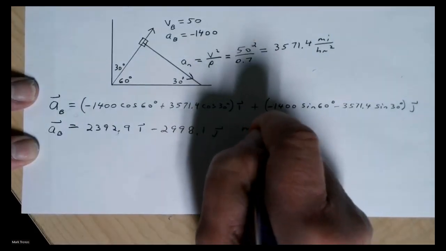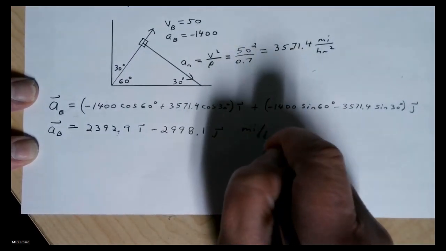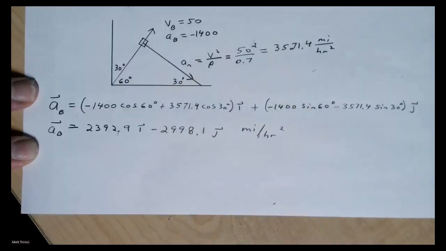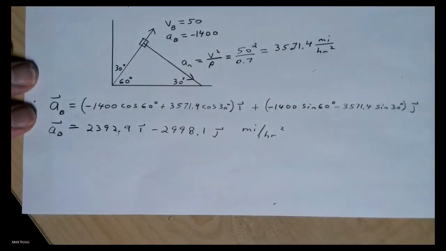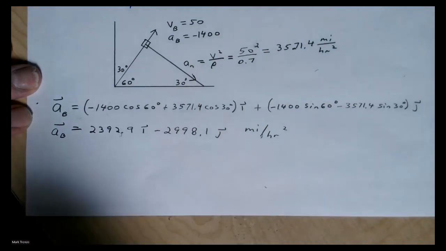And these are miles per hour squared. And so we're asked to find the acceleration of B relative to A. So let's do that next.